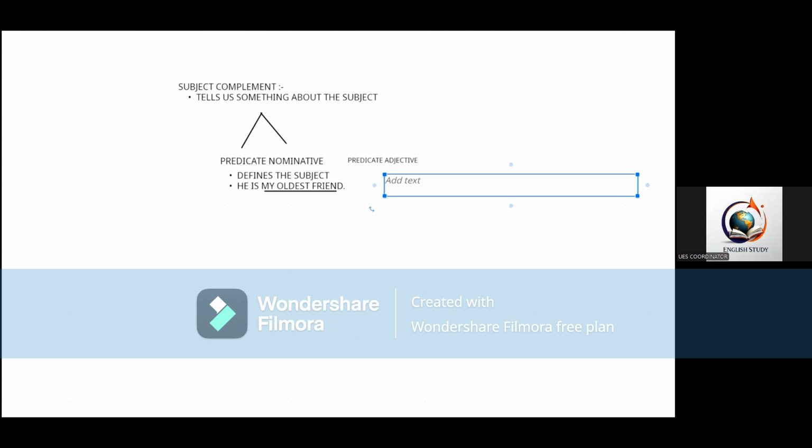Suppose we can say, the lake looks beautiful. So predicative adjective or predicate adjective.